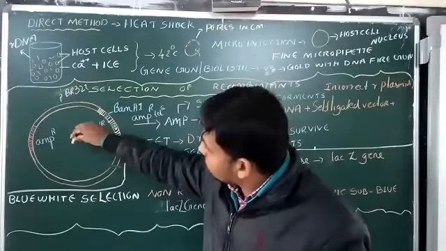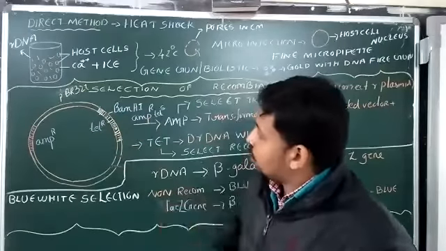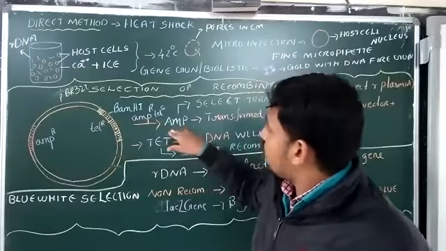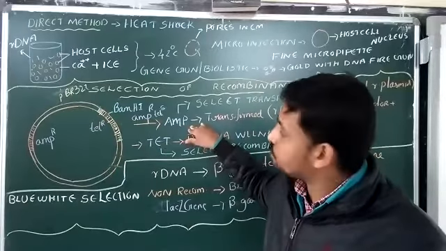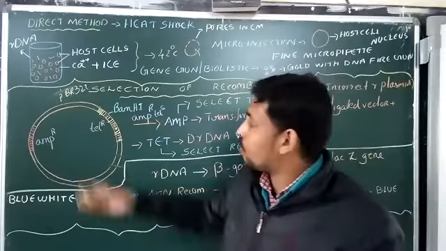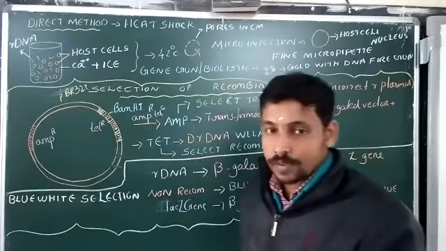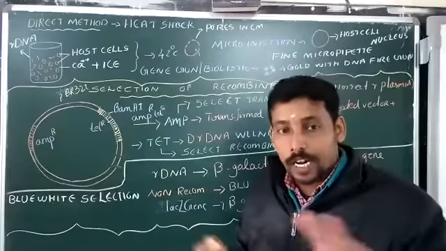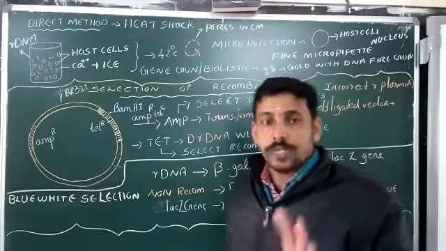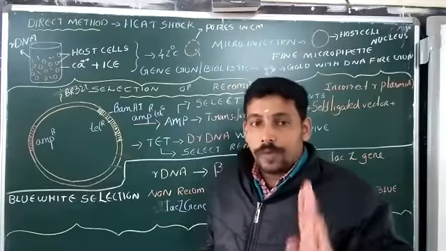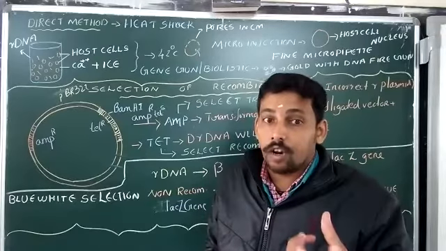But if we are dipping this into ampicillin containing medium, they will survive because they will have what? Ampicillin resistance. So they will survive. That means what? They are transformed.